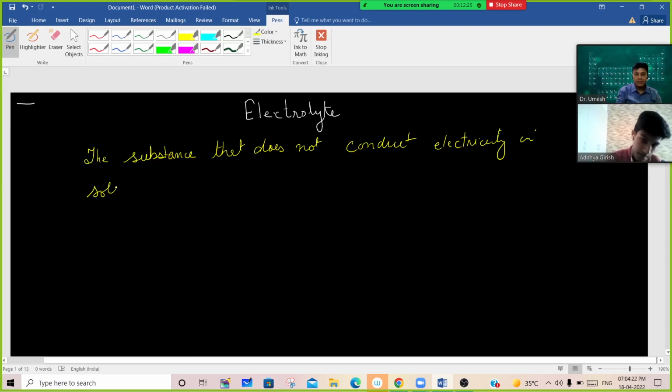in solid state, but conducts in molten or aqueous state.